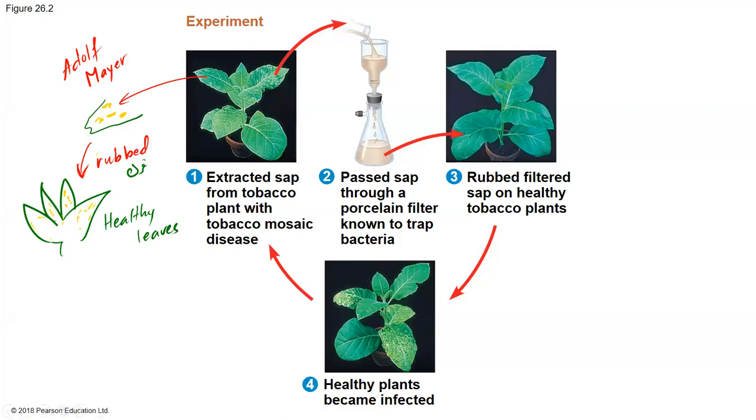Okay. Again, this is in 1983. Of course, Adolf Meyer did not know that he was actually transmitting viruses from one infected leaf into the healthy leaves.